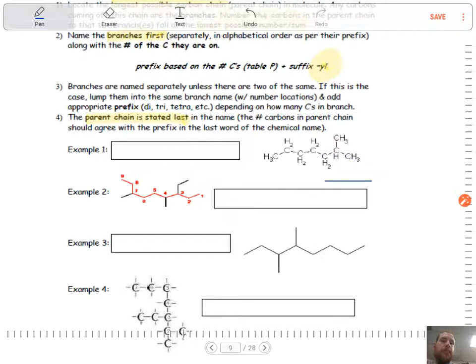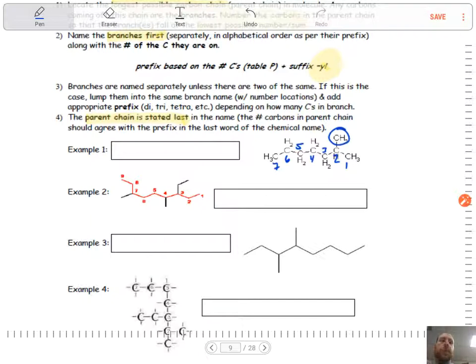That's not the smallest possible option. If I start over here, 1, 2, it doesn't matter, these are going to be in the same spot either way. So if I say 1, 2, 3, 4, 5, 6, 7, that means this is my branch, and it's on the second carbon.